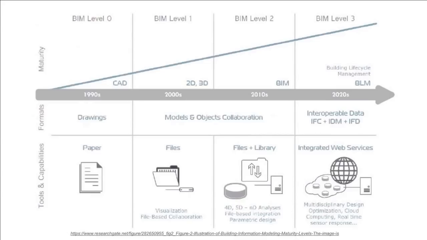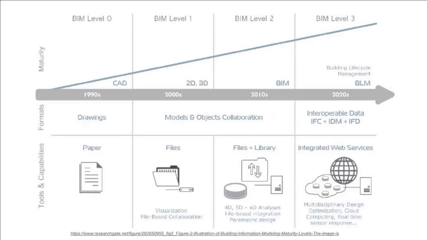As we get into BIM level 2, which we call true BIM, you actually have information, or families, these objects that are coded with information. That's true BIM in our definition here.